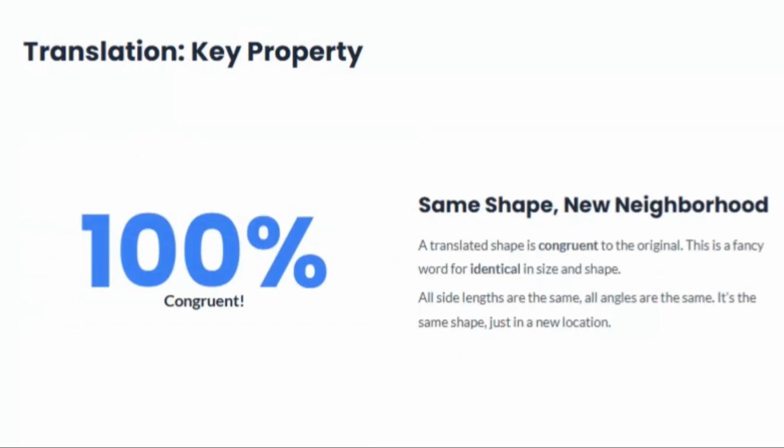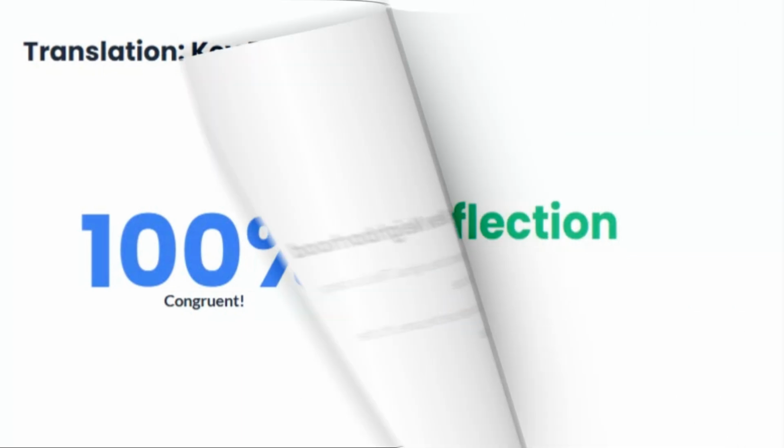Now, a key property of translation is that your pre-image and the image are 100% congruent. They are identical. This word congruent is just a fancy way of saying identical. All side lengths are the same, all angles are the same. It is exactly the same. It's just a new location.